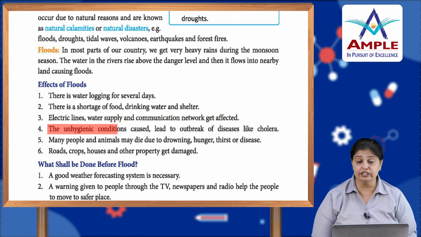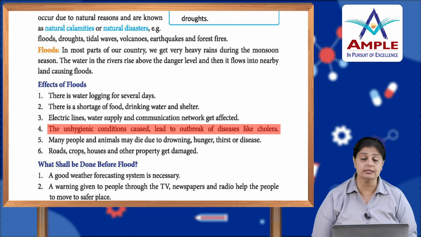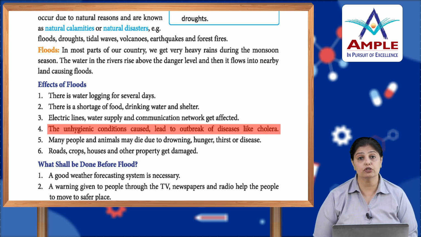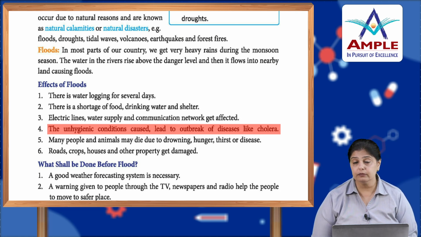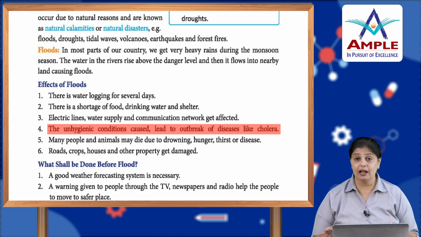The unhygienic condition caused leads to outbreak of diseases like cholera. These are waterborne diseases, and they are at their peak because of the unhygienic condition. In floods, when the water flows at a very heavy speed, everything gets mixed in that water, and hence even after the rain stops, the accumulated flood water is carrying all different types of elements in it.